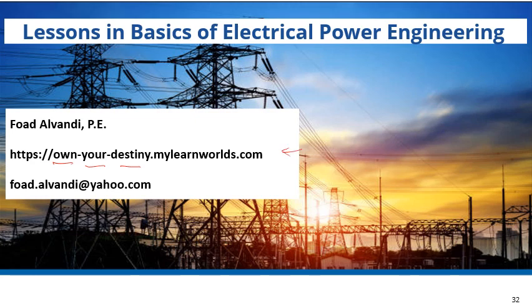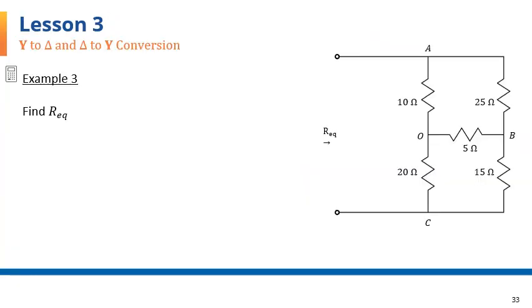I will now continue with the lesson by finding the equivalent resistance of the circuit that was shown at the start of this lesson. Here's example 3. As mentioned earlier, we can distinguish two sets of Y-connected resistors and two sets of delta-connected resistors in this figure.